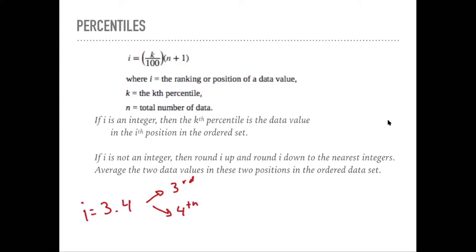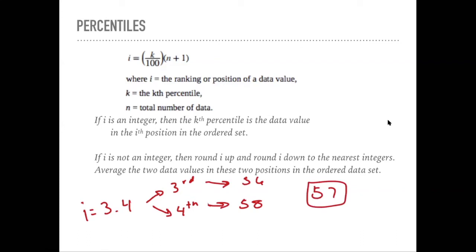So we have our third and fourth positions that we're going to look at. Whatever data value is in the third position, maybe this data value is 56. Fourth position, maybe this data value is 58. Then we'd average and we would find the data value is 57.